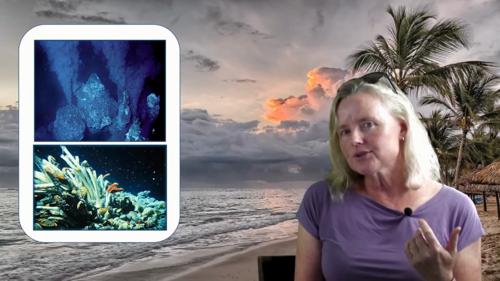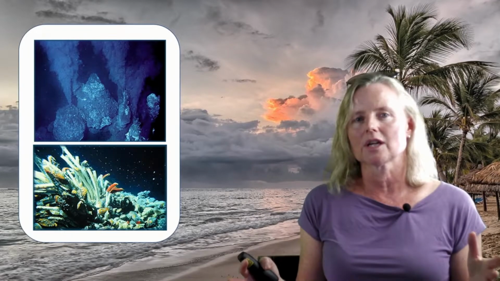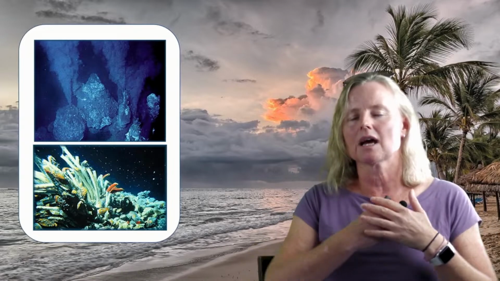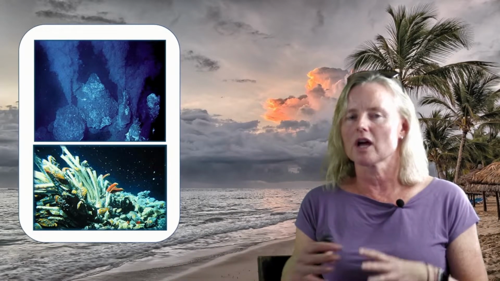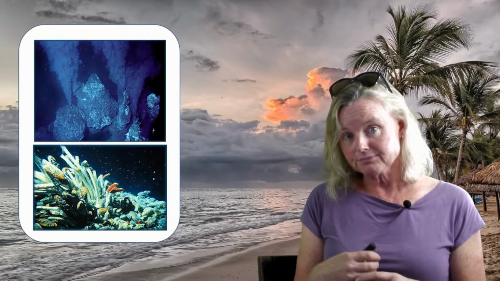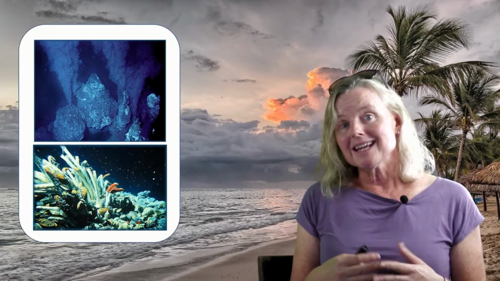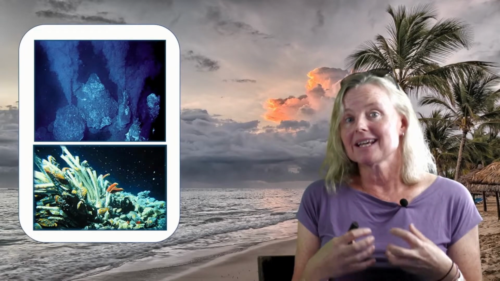Yet, as that cartoon just highlighted, these environments are rich in biomass. There are microbial mats that cover almost every surface, giant invertebrates, giant crabs and clams, and also tube worms like shown in the photograph here. So the question is, how do these communities gain energy from the vents?